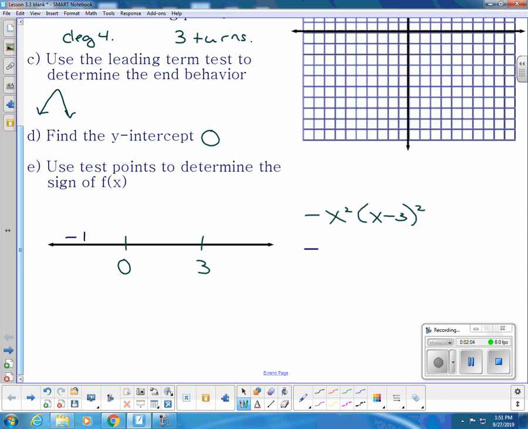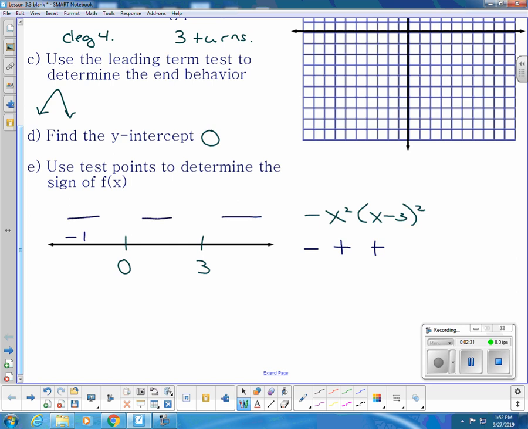If I put any number into this parenthesis, it's going to square to a positive. No matter what, whether the test points are negative or positive, we're going to get this situation, right? So this front negative times a positive is always going to be negative.